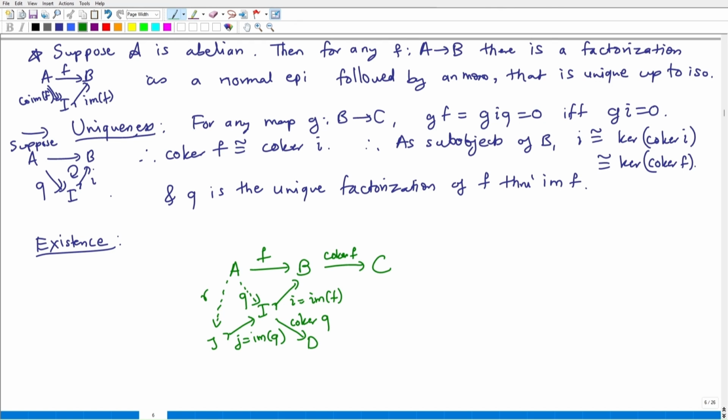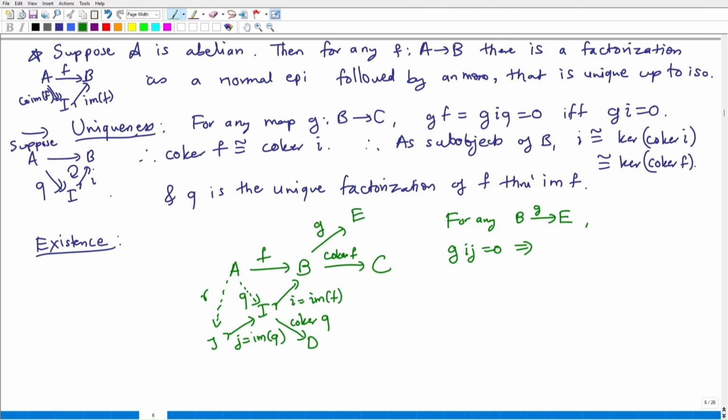Okay. Now let me say something. For any morphism G from B to E, suppose GIJ is equal to 0.